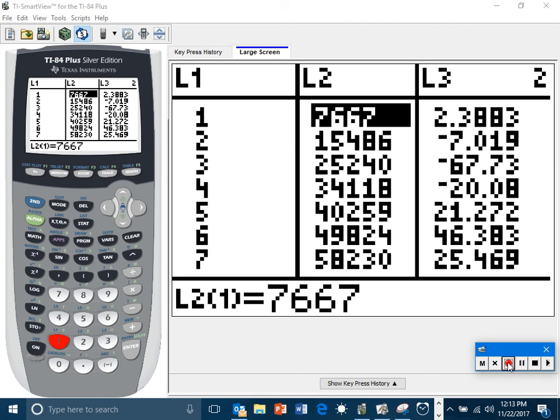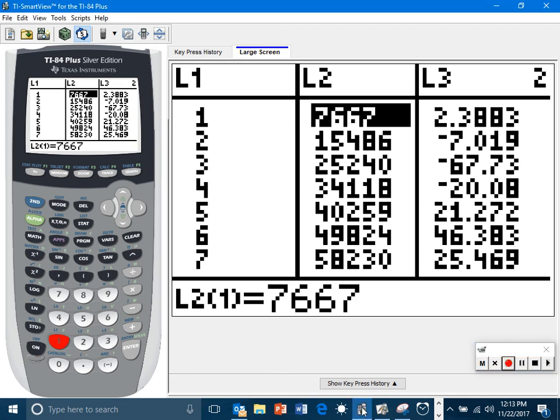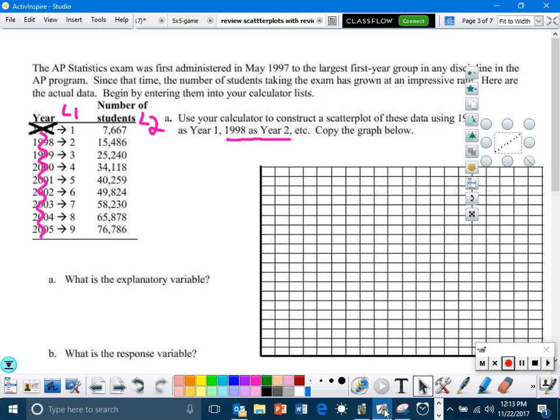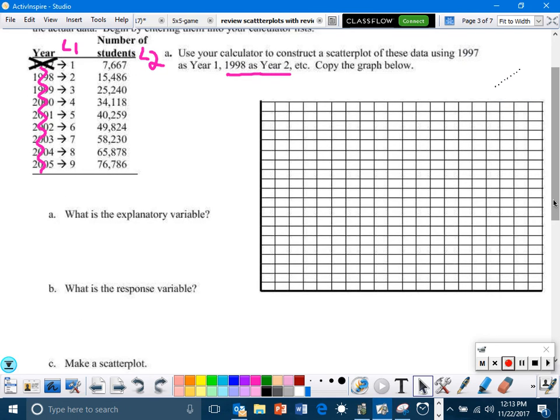All right, so the first thing we need to do, let's go back to the paper. What is the explanatory variable? All right, well, in this case, it will be the year.